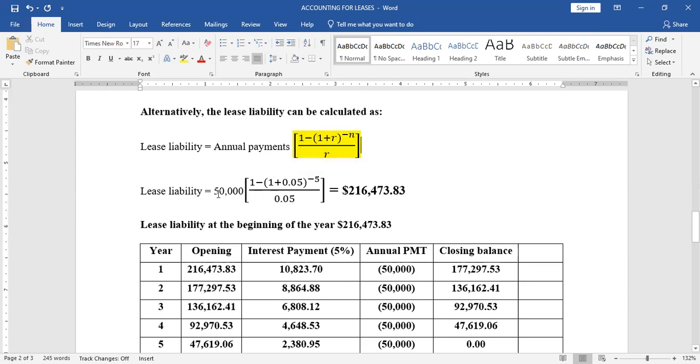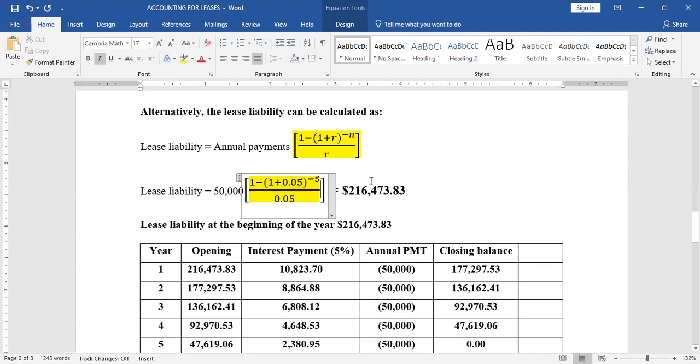So we'll say lease liability equals 50,000, and then brackets, and then we say 1 minus open brackets 1 plus 0.05 close brackets raised to the power negative 5, over 0.05. So if you are pressing on your calculator, you basically start with this part, the top part alone.